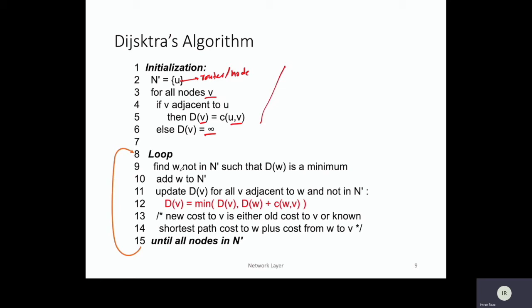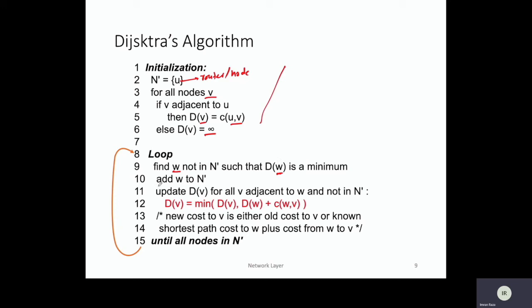And we try to find a node W, not in N, such that the cost to reach that node W from U is minimum. So we try to identify nodes in the network that we have not yet identified the cost to reach. Then we add a node W to N such that the cost to reach from U to W is minimum.